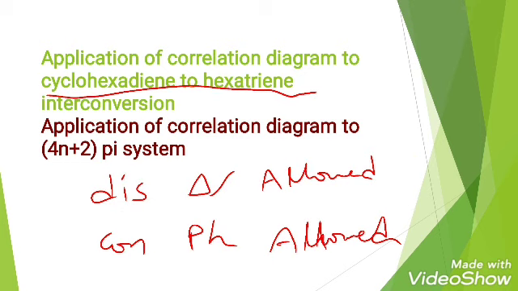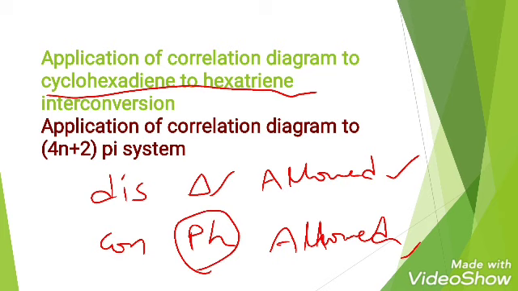So, the final conclusion to remember is that the interconversion of cyclohexadiene to hexatriene under disrotation in thermal condition is symmetry allowed, and conrotation under photochemical condition is symmetry allowed.